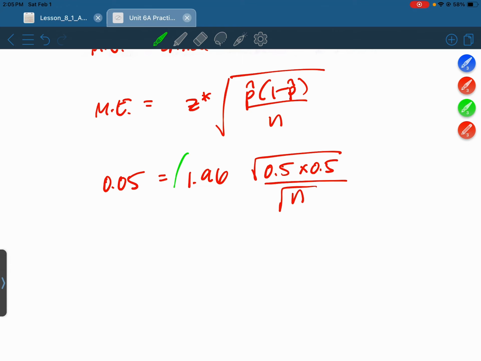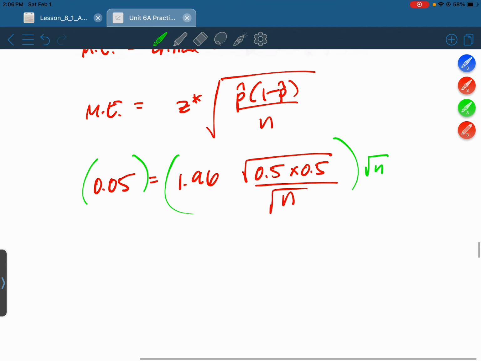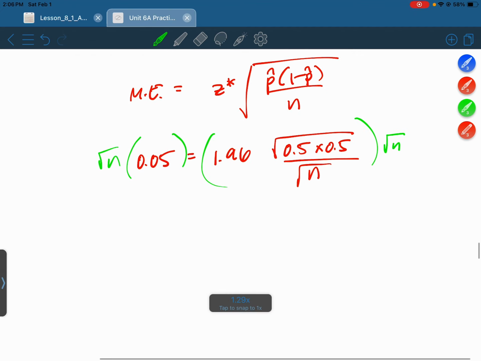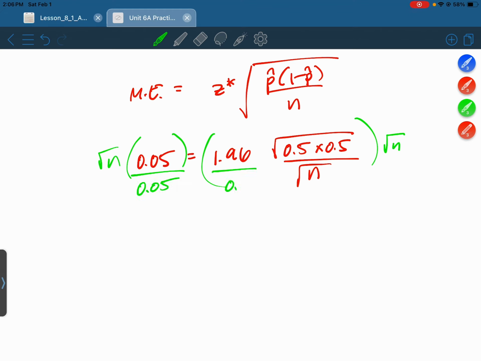Now we can multiply both sides by root n, and at the same time divide both sides by 0.05. The root n's cancel on the right, the 0.05s cancel on the left.